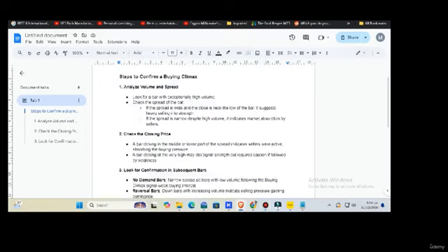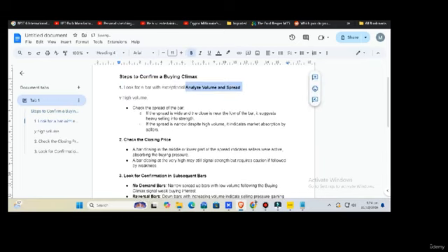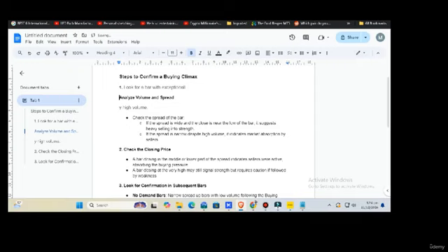These are the mentioned steps for the buying climax. First, we will check the spread bar. If the spread bar is wide and the close is near the low of the bar, it suggests heavy selling. The first step is to analyze volume and spread.